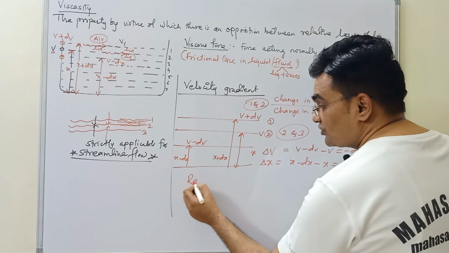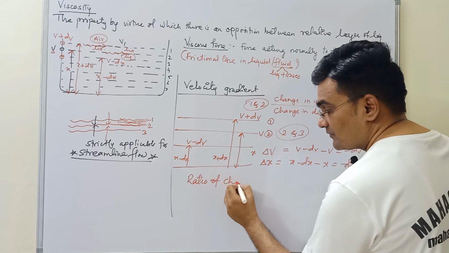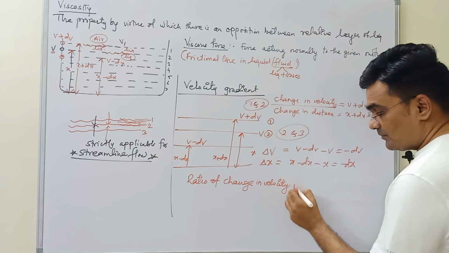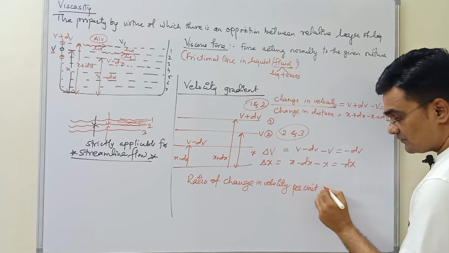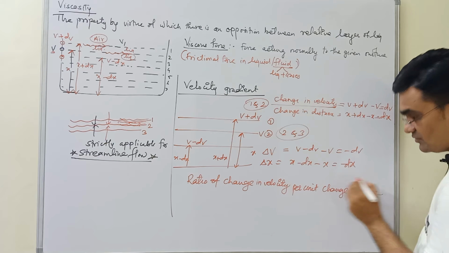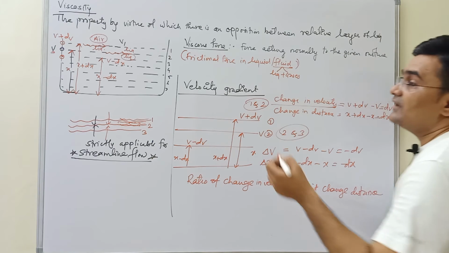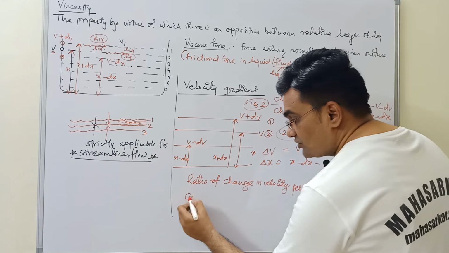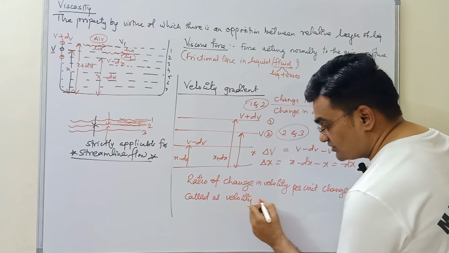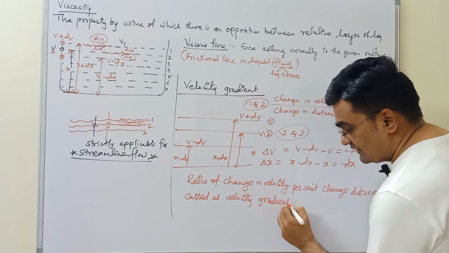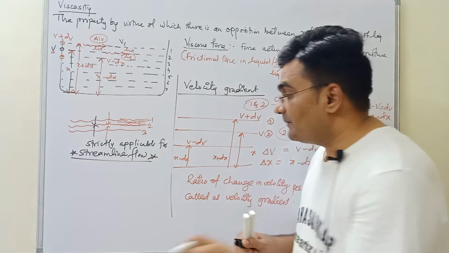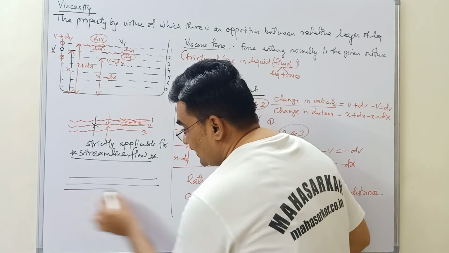So if I take the ratio of change in the velocity per unit change in the distance of layer, this ratio is always constant, and that constant ratio is called velocity gradient. That constant ratio is called what? Velocity gradient.